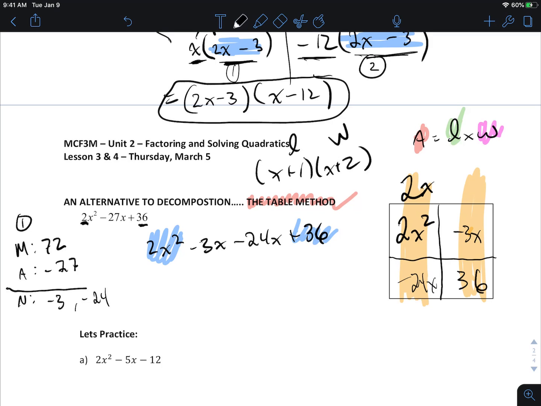Then I go over to the other one, reading vertically, and ask what I can take out of there. There's no x in the bottom, so I can't take the variable out this time. But negative 3 does go into 36. The problem is the negative's not in both of them, so I can't take the negative out.